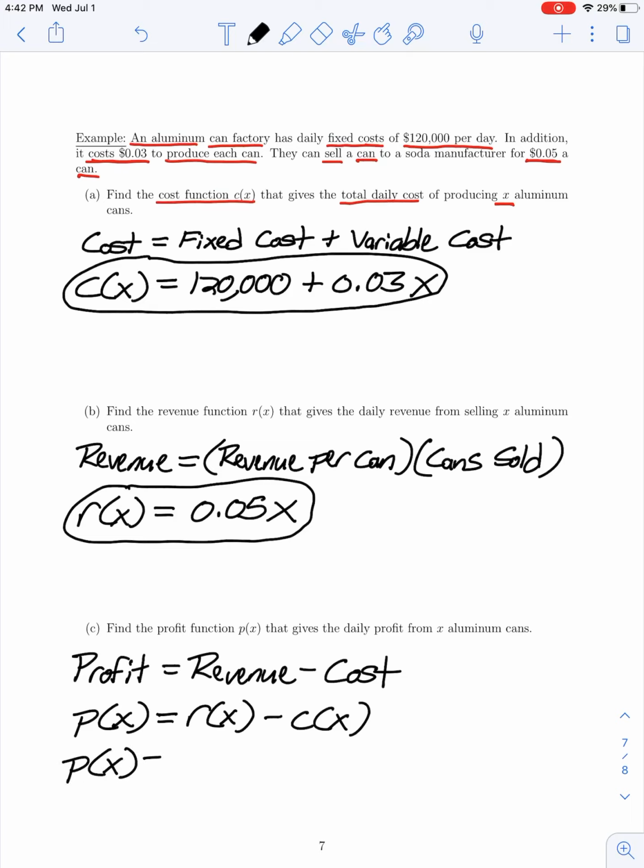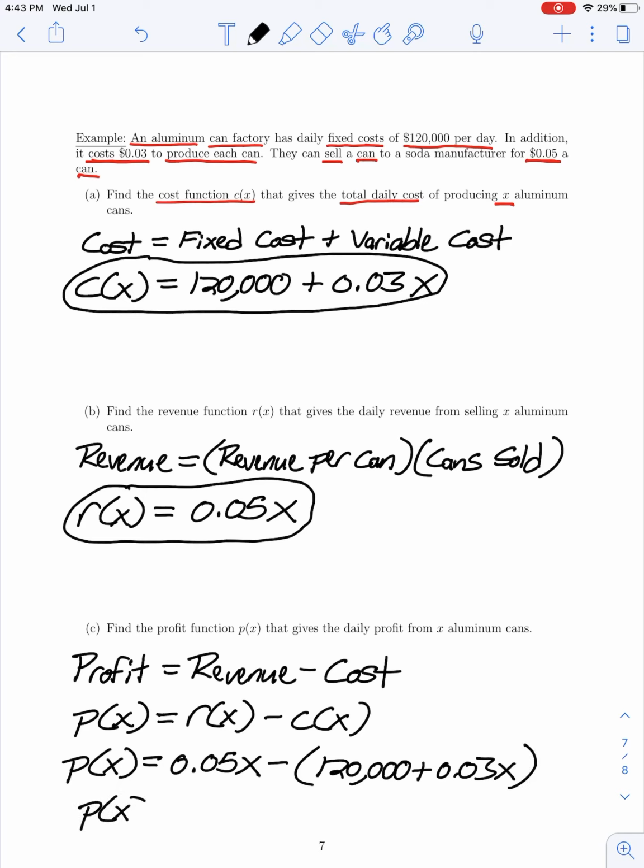So our profit function, P of x, is equal to the revenue, which we found to be 0.05x, minus the cost function, which we found to be 120,000 plus 0.03x.